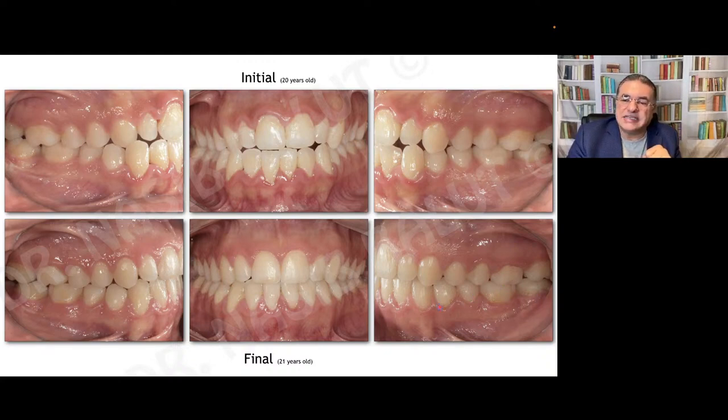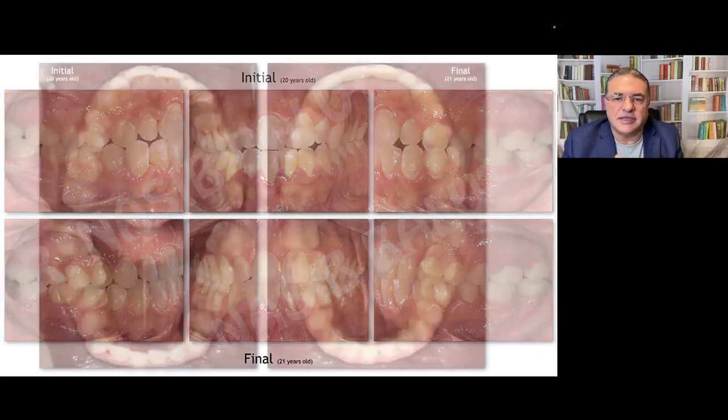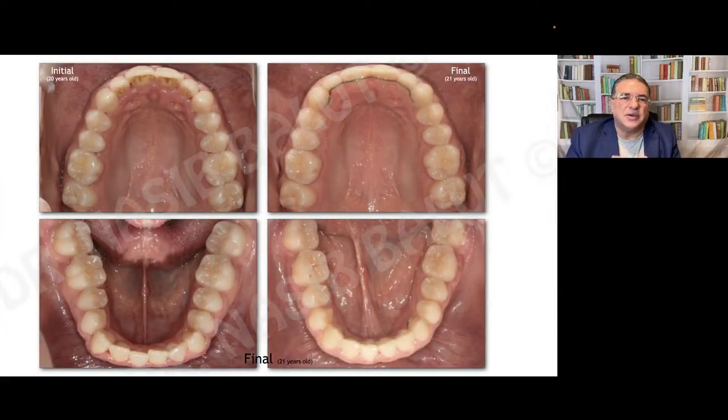So we distalized the lower left quadrant, which helped us to correct the midline and improve the overbite and overjet in this patient. We can see the arch development that we have in the upper arch.